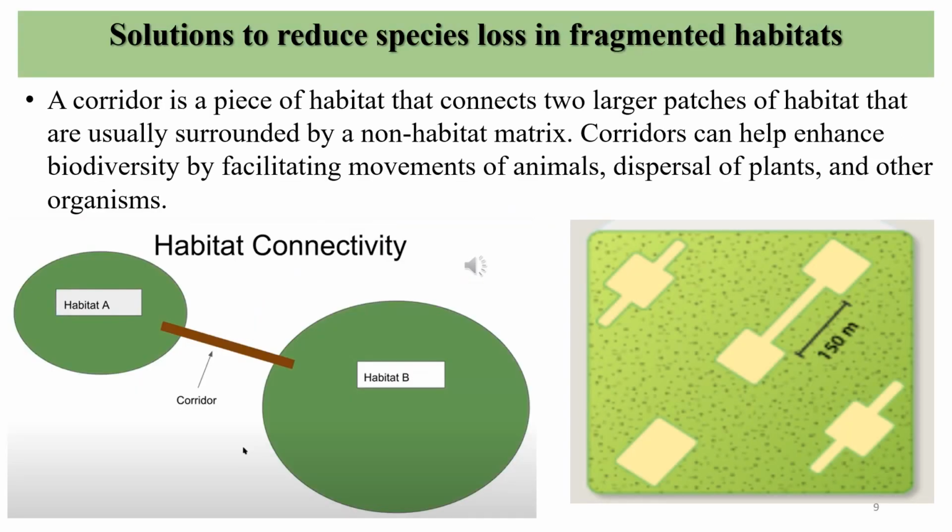In an attempt to reduce species loss in fragmented habitats, conservation biologists have proposed that corridors could help link isolated populations, creating a meta-population that has a lower risk of extinction. Corridors are pieces of habitat that connect two larger patches of habitat that are usually surrounded by non-habitat matrix.